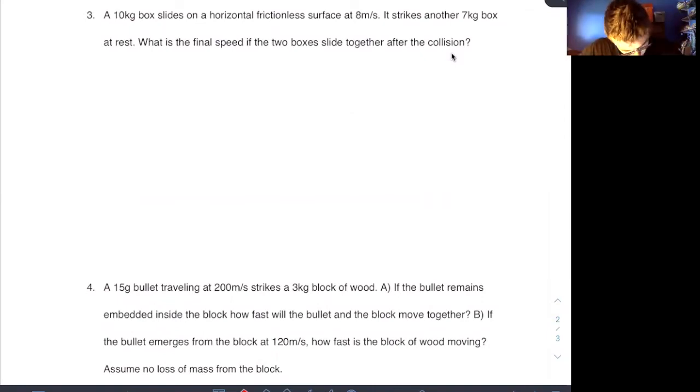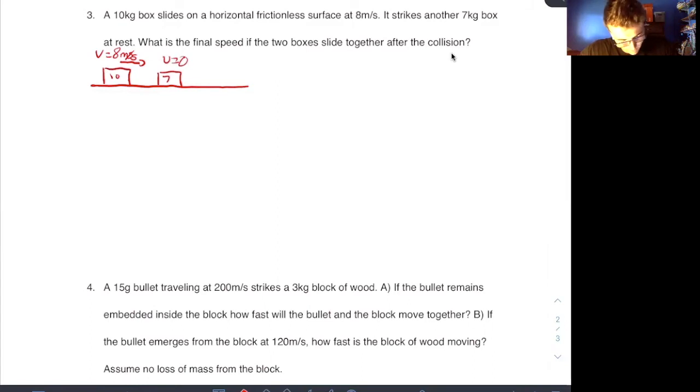So let's draw it out. Good visual. So I got a 10-kilogram box, and a 7-kilogram box. The 10-kilogram box is going towards the 7-kilogram box at 8 meters per second. This is the velocity of this one, and the 7-kilogram box is at rest.